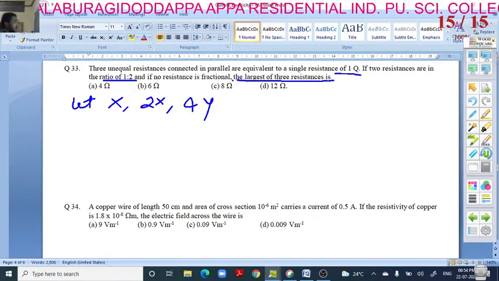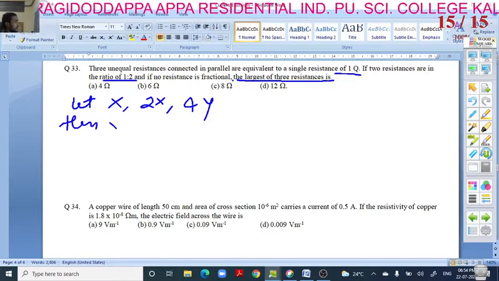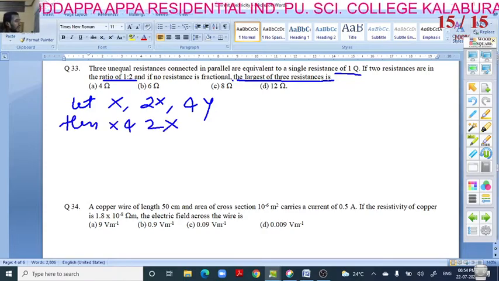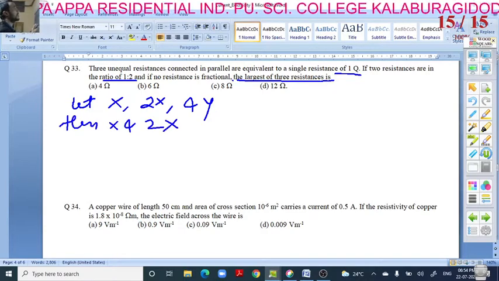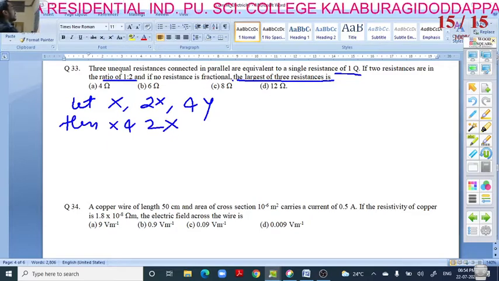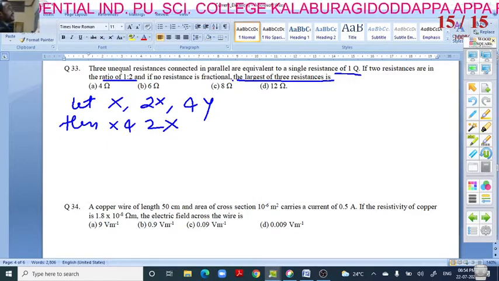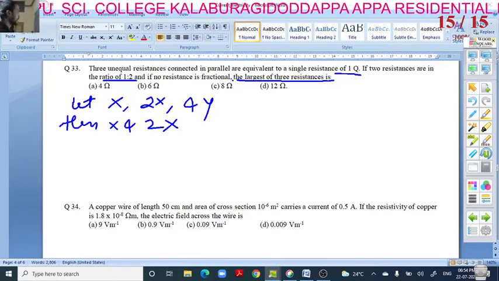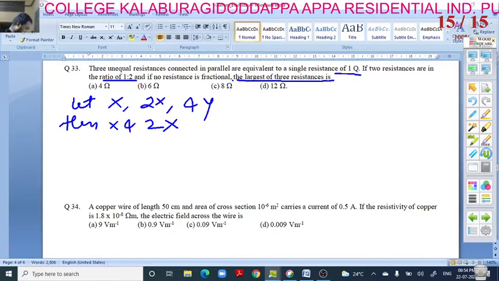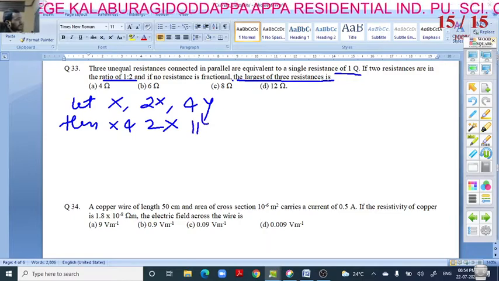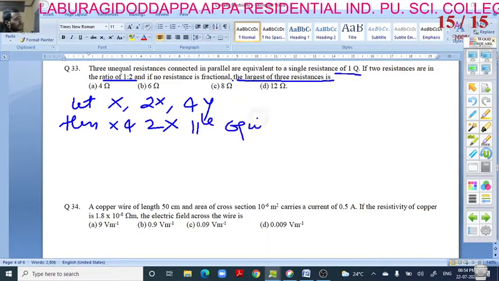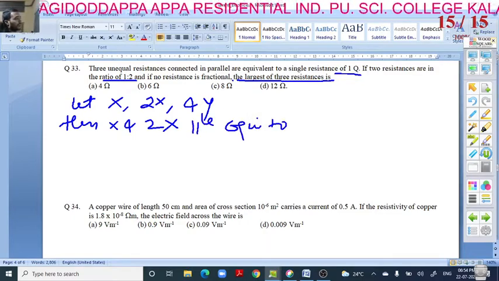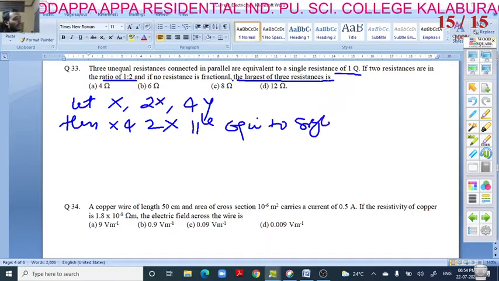Then x and 2x are connected in parallel. Already he has given that three unequal resistors connected in parallel are equivalent to a single resistance of 1 ohm. So x and 2x in parallel are equivalent to a single resistance.